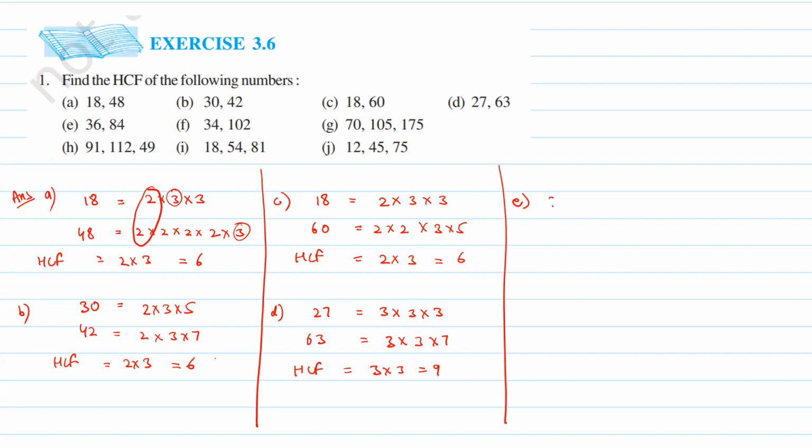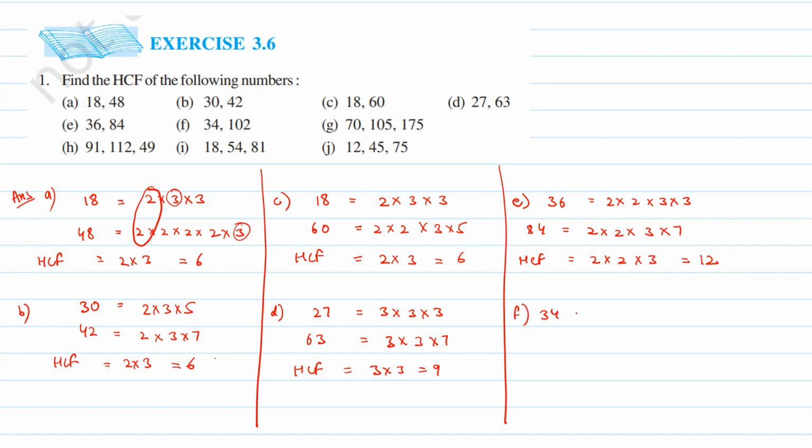Then E part, 36 can be written as 2 into 2 into 3 into 3. And 84 can be written as 2 into 2 into 3 into 7. So HCF will be 2 into 2 into 3, which is 12.